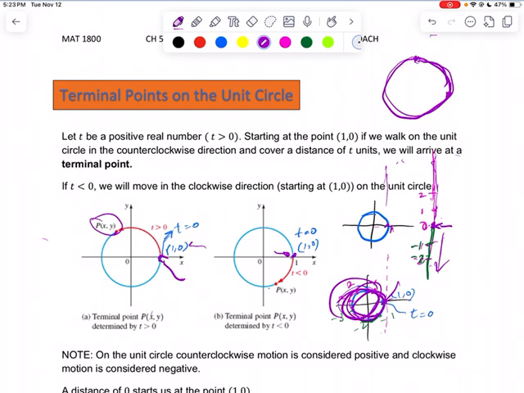In the same way, we wrap the negative side of the axis from the other side. The wrap-around of the positive side was in the counterclockwise direction, because we wrapped it in this direction.